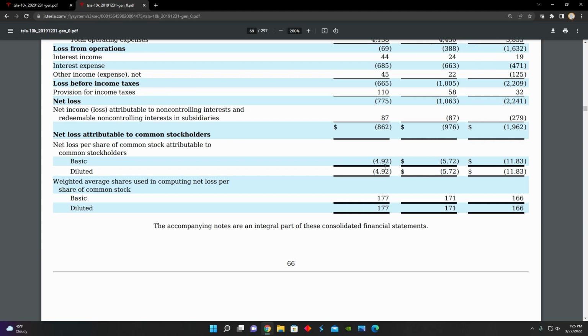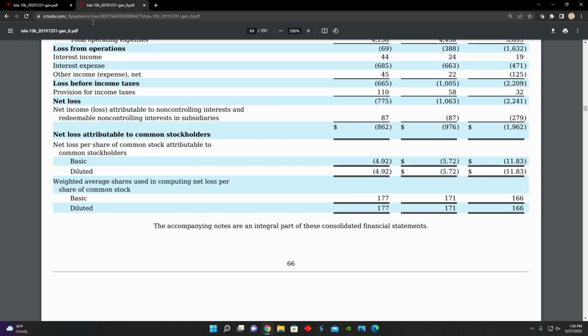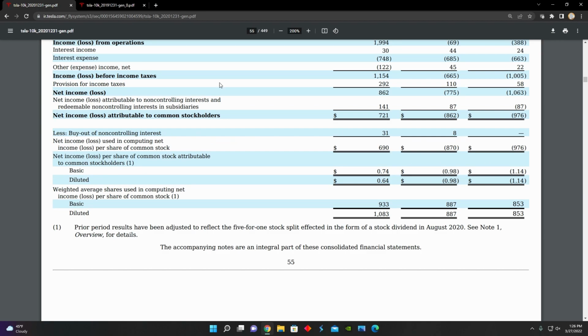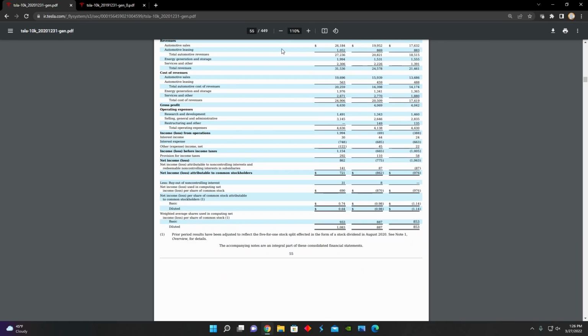And so this amount is basically now in their 2020 report divided by 5, as we can see right here. It's not 5.72, it's now 1.14. And this one is not 4.92, it's now 0.98. And so that basically just lets us know that these values were adjusted for the 5-for-1 stock split.